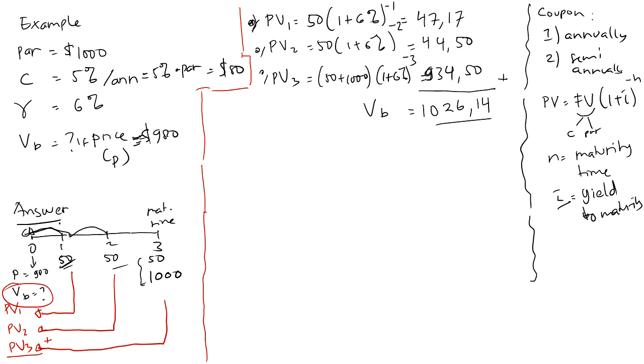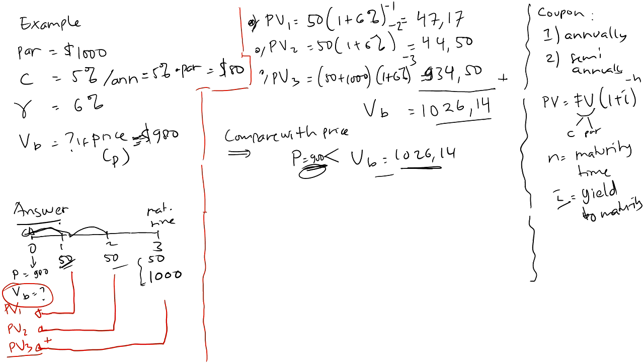We see that when we compare it with the price, the price is 980, compared with the bond value of 1,026.14. So the price is lower than the value. By buying at this price, we will have a benefit equal to this difference.